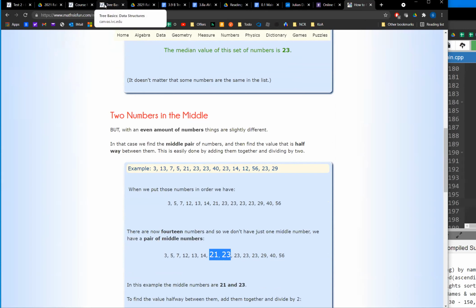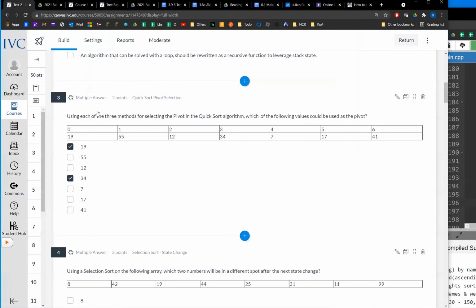Because it asks for all 3. Right, all 3 methods. So we have 3 methods of choosing the pivot. The first method is to just use the first value, right? The laziest approach, you use the first value as the pivot. The next laziest approach is to use the middle value as the pivot. And then the third approach is the median of 3, which takes 3 values, sorts them 19, 34, 41.